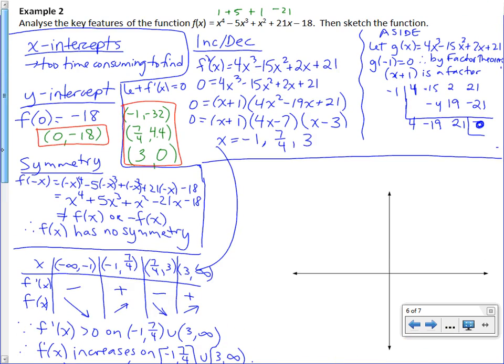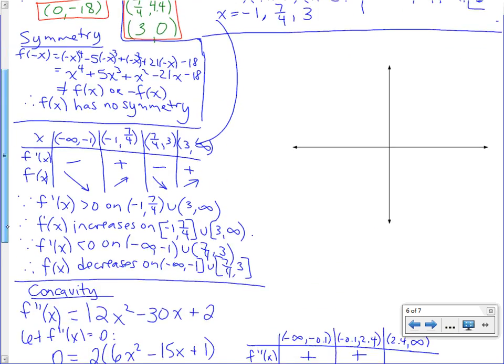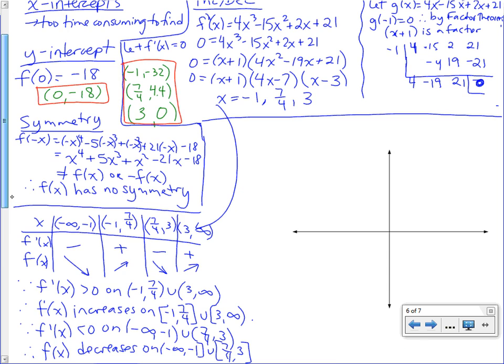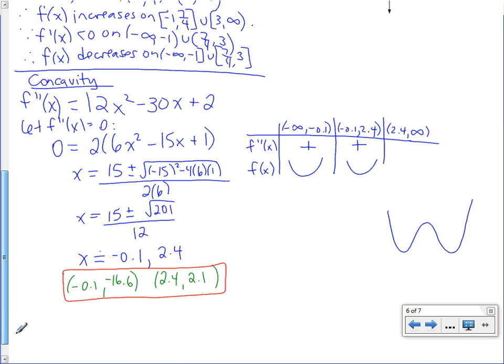Then I took the derivative of that as 12x squared minus 30x plus 2. And I took out a 2, I did that right: 6x squared minus 15x plus 1. Negative b plus or minus the square root of b squared minus 4ac all over 2a. Yeah, 15.